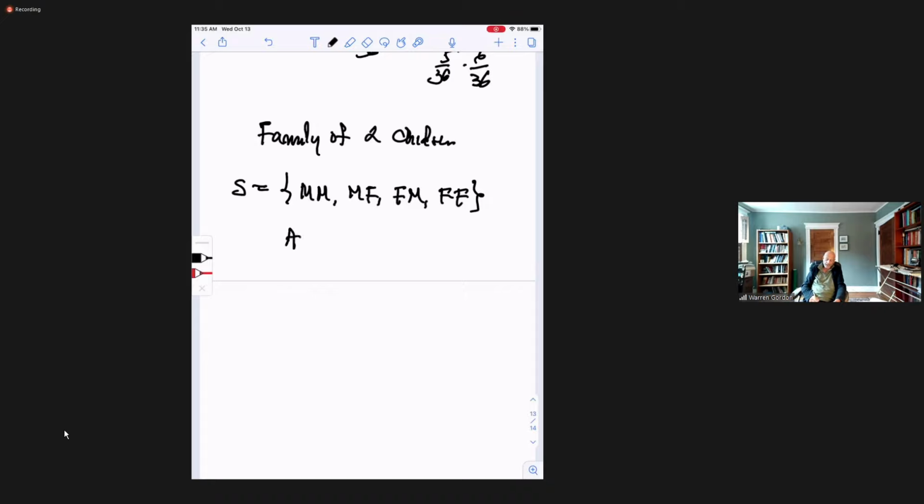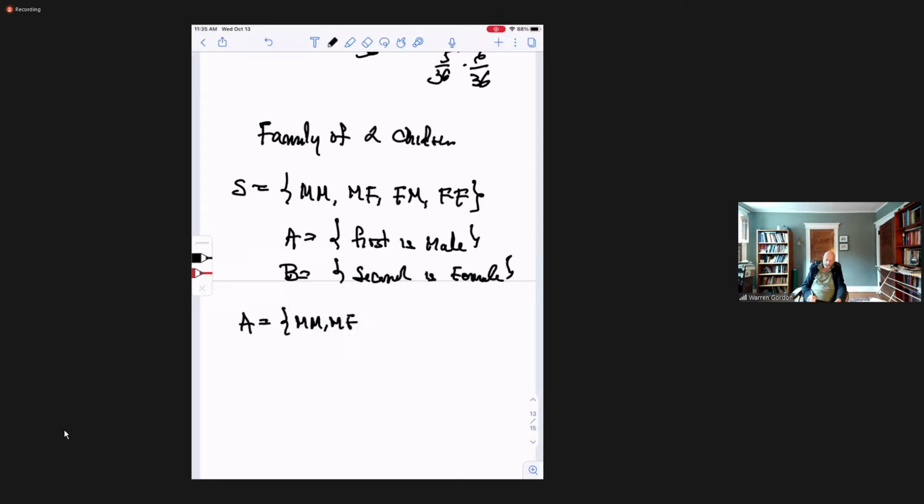So let A be the event the first child is male, and B be the event the second is female. So notice A is male-male, male-female. B is male-female, female-female.